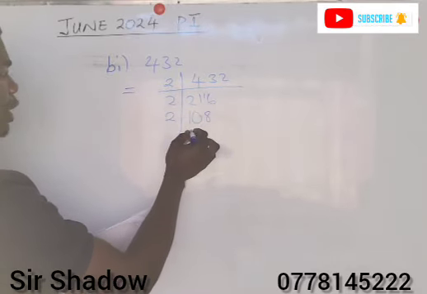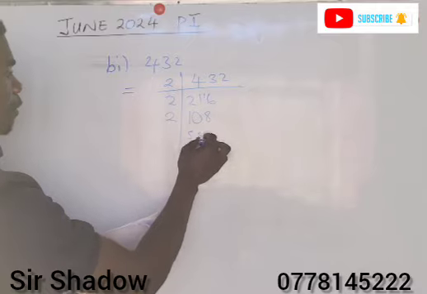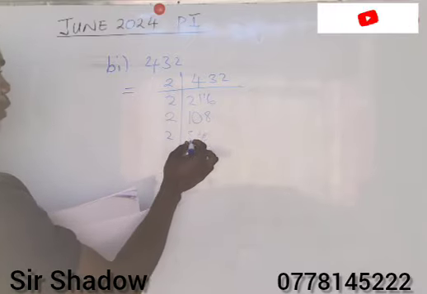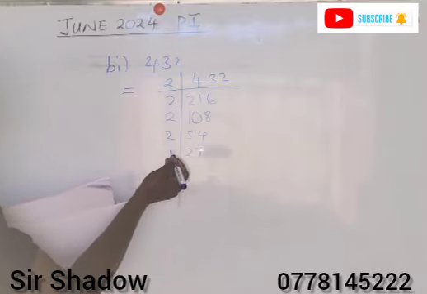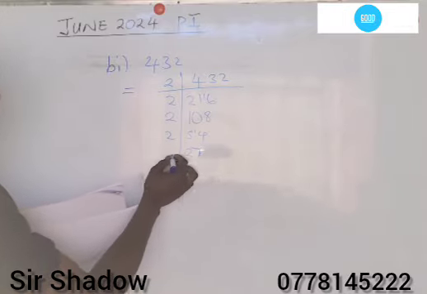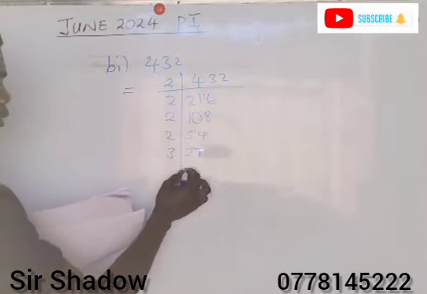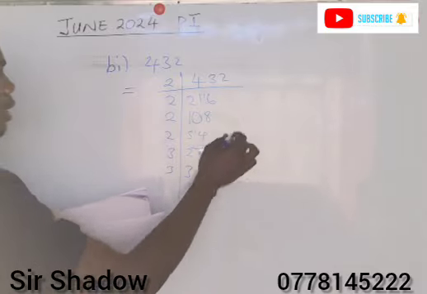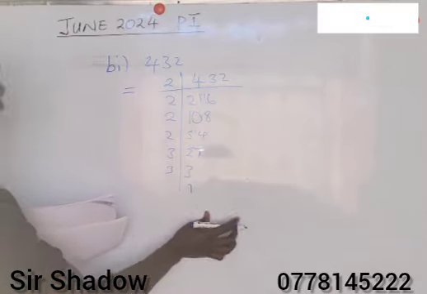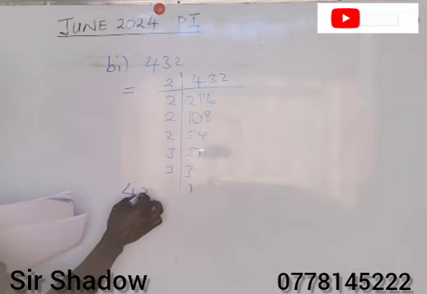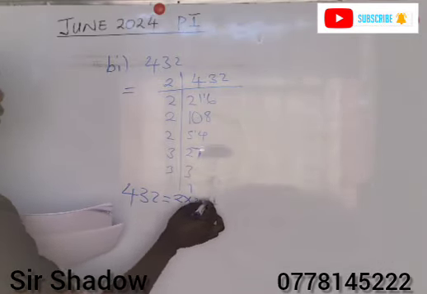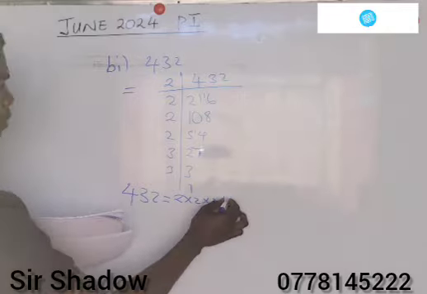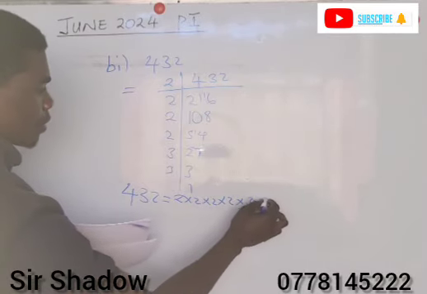Then 2 into 216 is 108, then 2 into 108 is 54, then 2 into 54 is 27. But 2 is not a factor of 27, so the other factor is 3. 3 into 27 is 9, 3 into 9 is 3, 3 into 3 is 1. So 432 is equal to 2 times 2 times 2 times 2 times 3 times 3 times 3.